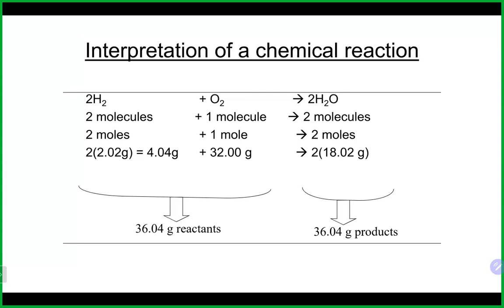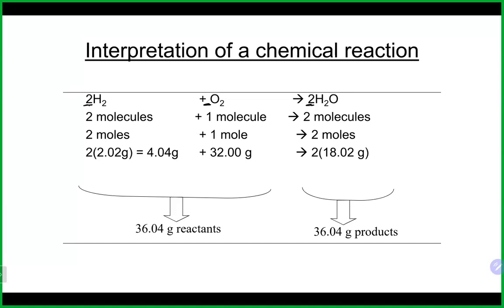Now, these coefficients represent different things. They can be the molecules of each substance. So we could say 2 molecules of H2 react with 1 molecule of O2 to give you 2 molecules of H2O.